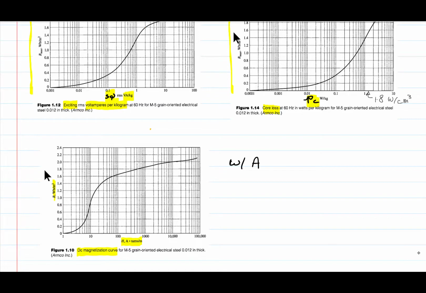But with AC excitation, B on the curve is proportional to the peak of the voltage that is measured as a result of the time derivative of the flux linkage in that core.